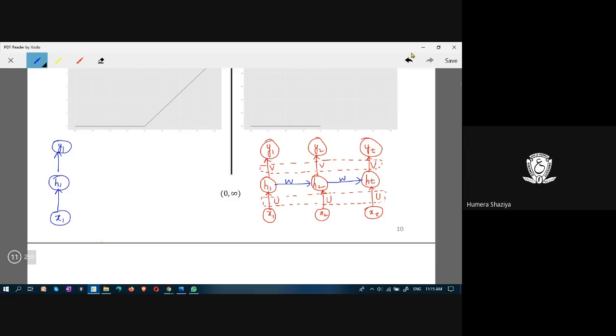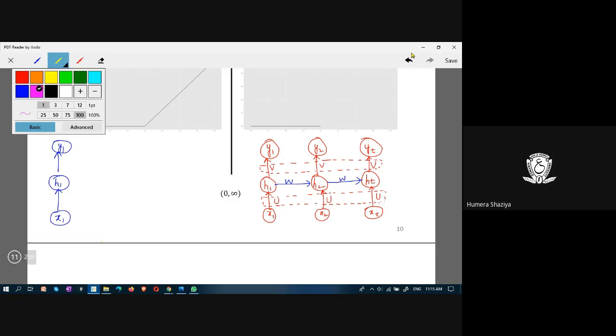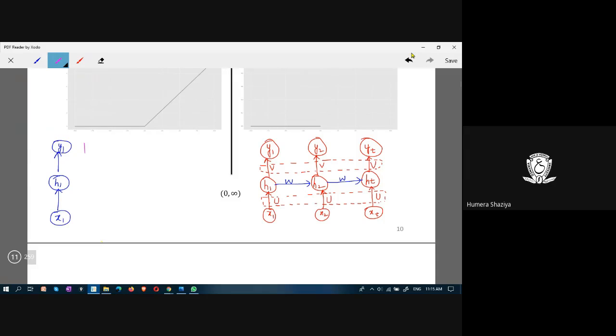This can be written as Ht, the hidden unit at t, equals tanh. Tanh is an activation function, applied to U times Xt, where U is this connection weight and X is the input, plus W times Ht minus 1.